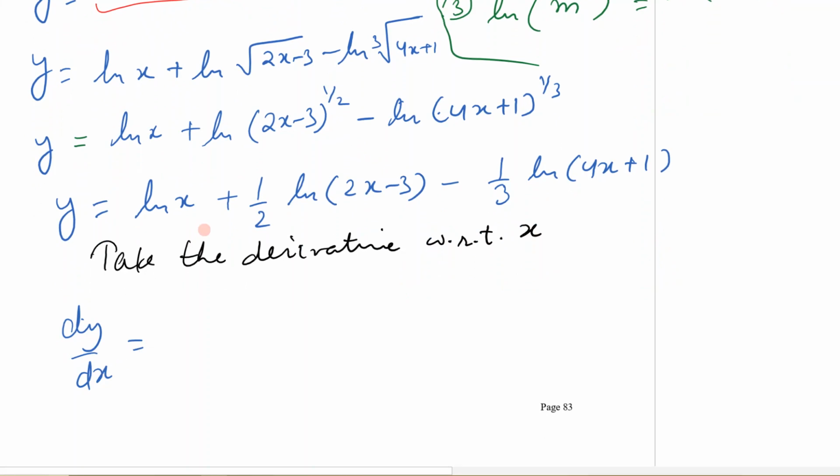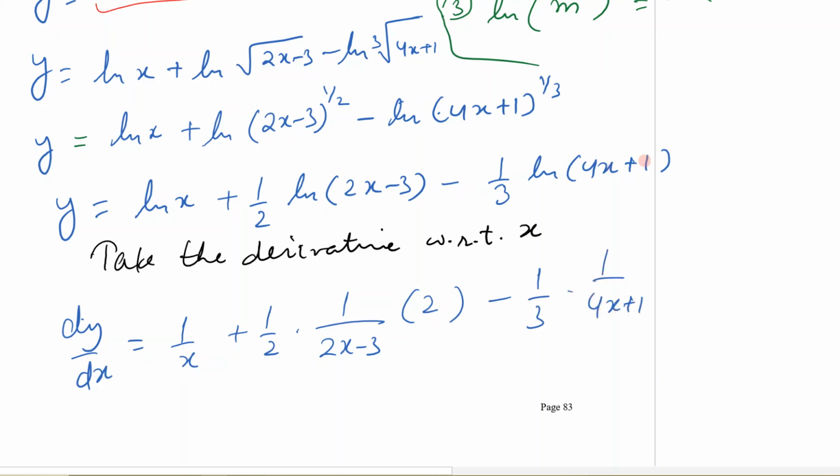The derivative of ln x is 1 over x, plus half times the derivative of ln of 2x minus 3, which means 1 over 2x minus 3, and by the chain rule, since this is a different expression, we take the derivative of 2x minus 3, which is just 2. Then again minus 1/3, the derivative of ln means 1 over 4x plus 1, and by the chain rule take the derivative of the inside, so the derivative of 4x plus 1 is just 4.